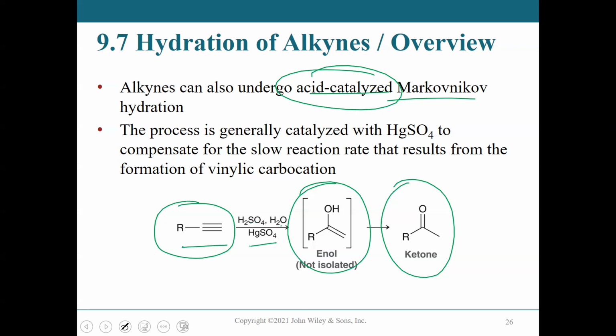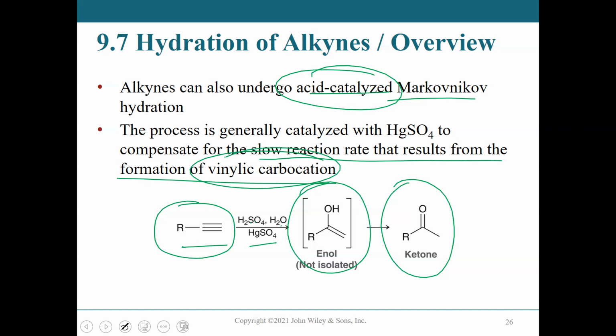It acts the same way as the mercury we saw with the mercurinium ion that prevents carbocations. Definitely the mercury is going to be involved in the production of the Markovnikov product.